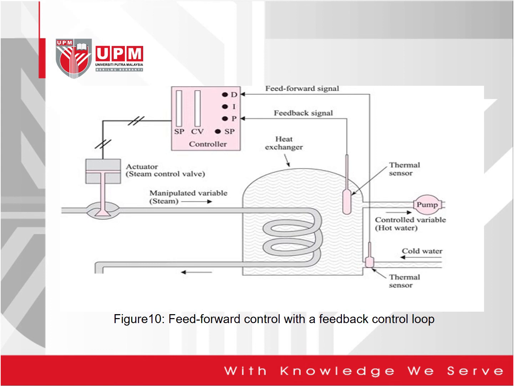For the feedback signal we still introduce the thermal sensor, and also for the feed-forward signal, but the location is different. For the feedback signal, the thermal sensor is in the tank, whereas for the feed-forward signal, the thermal sensor is located at the cool water.